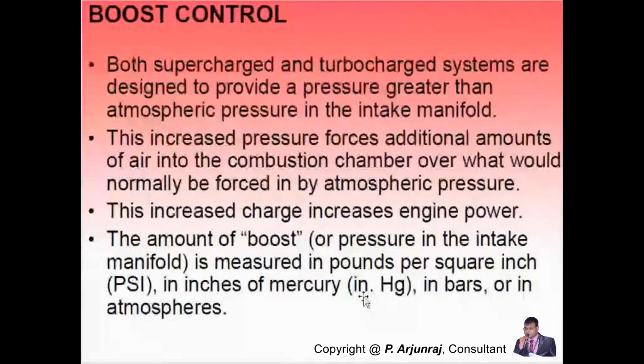And here you consider the atmospheric pressure, where you consider the mercury, and then you can also consider the pounds per square inch, or the megapascal, or the millibar. But normally millibar will be the mostly used values when you're going for any trials.